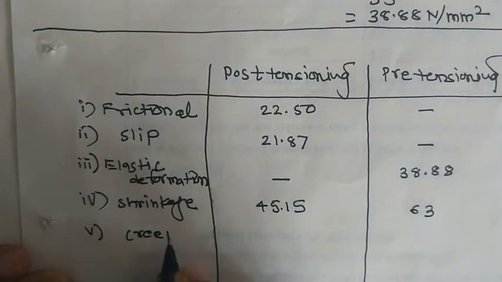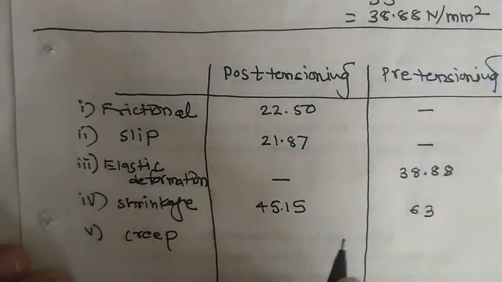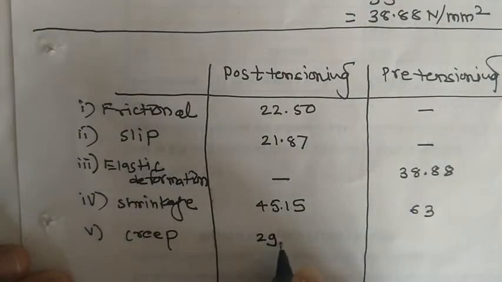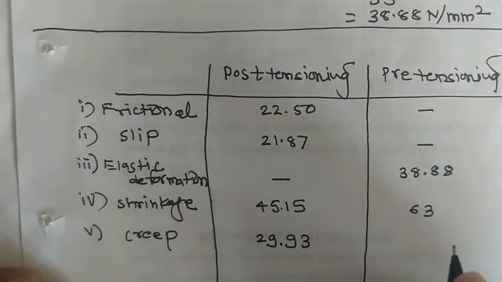Creep loss for pre-tensioning and post-tensioning has different values. For post-tensioning it is 29.93. For pre-tensioning it is 61.23.